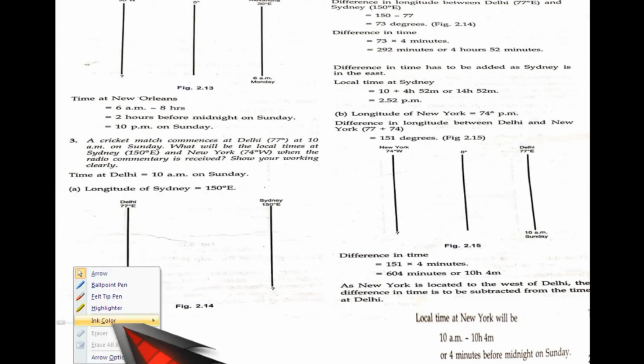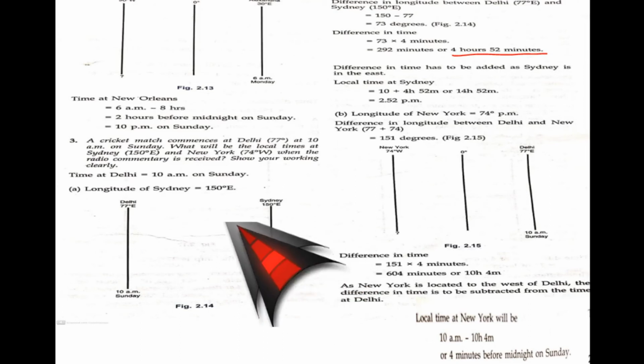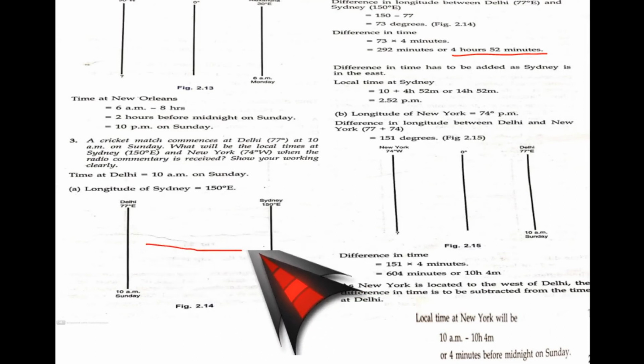As I said, 1 degree difference is 4 minutes. So 73 degrees difference will make 292 minutes, which is 4 hours and 52 minutes.